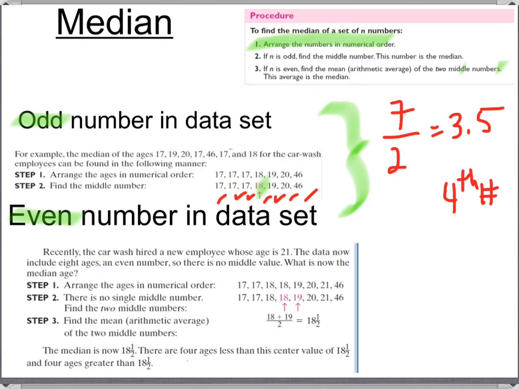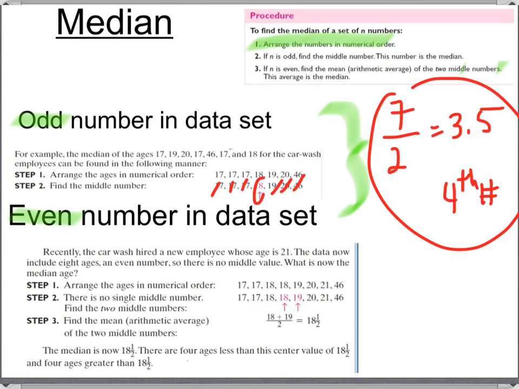Okay, and it's important for you to have this down. You know how to do the cross out method of crossing the numbers out as you go to find the middle number, but that's not really an efficient technique if you have a large data set. So if I give you 39 numbers in your data set, you need to know that 39 divided by 2 is 19.5.